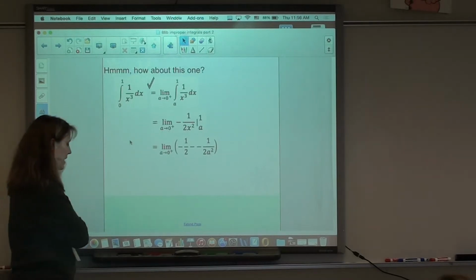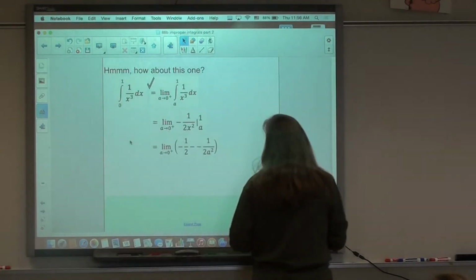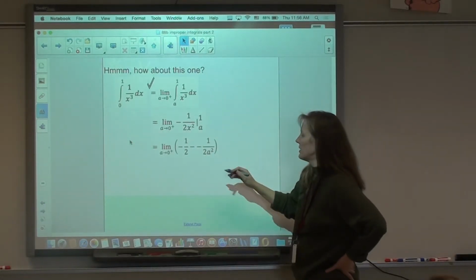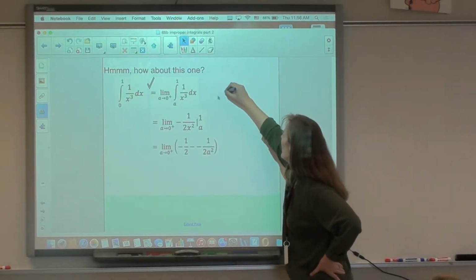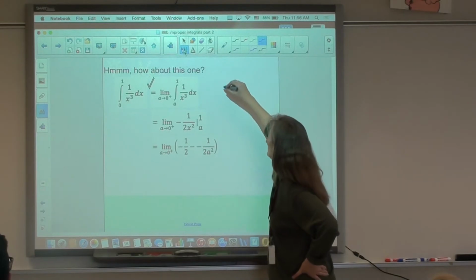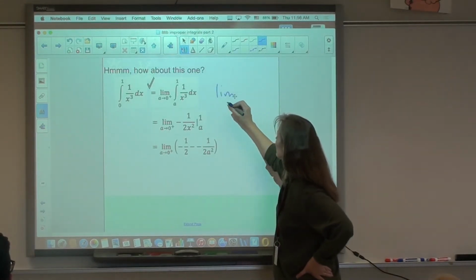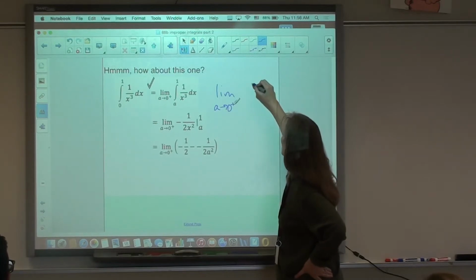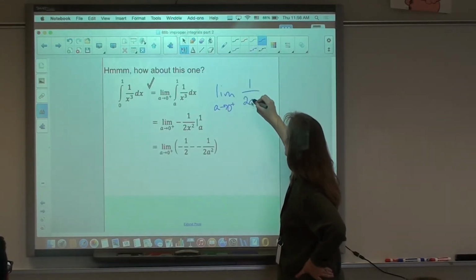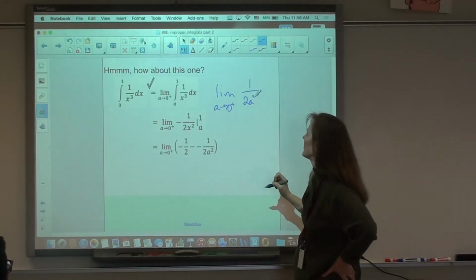So let's go back to September, right? Ignore the 1/2 for a second, let's just look at this part. We have the limit as a approaches 0 from the right of 1/2a squared.